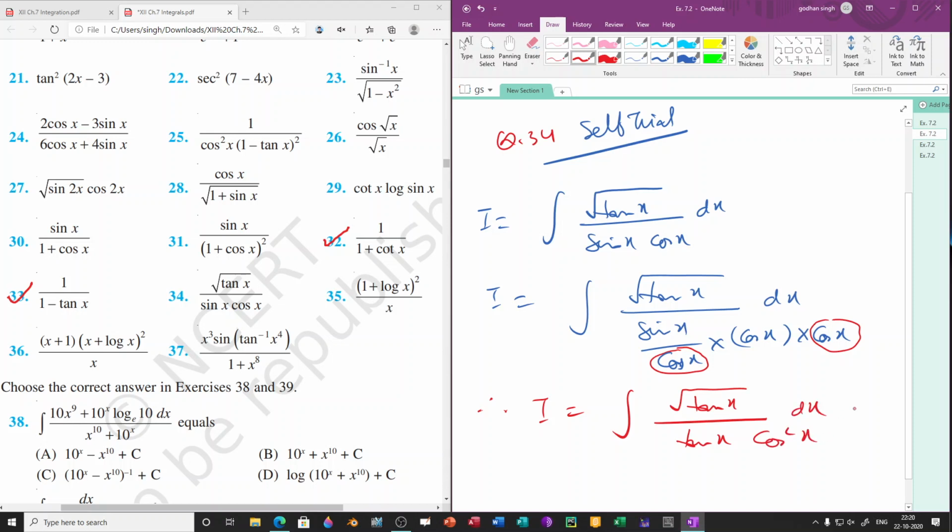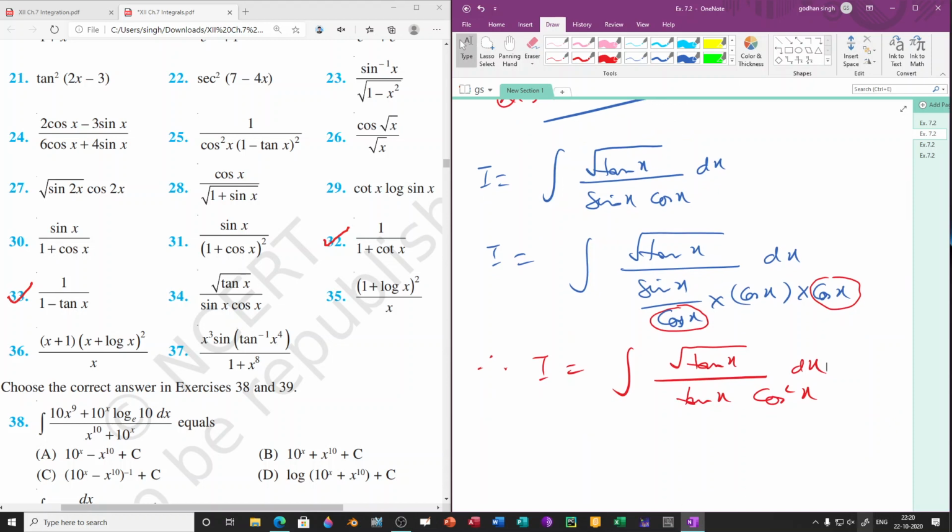Now we simplify further. 1 by cos square x can be written as sec square x. Therefore root tan x over tan x becomes 1 by root tan x, and 1 by cos square x is sec square x dx.